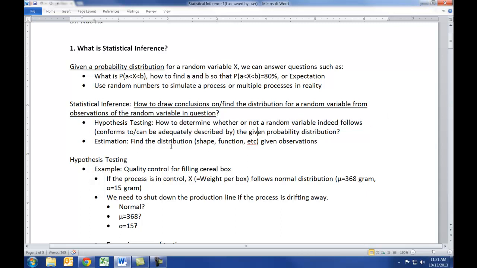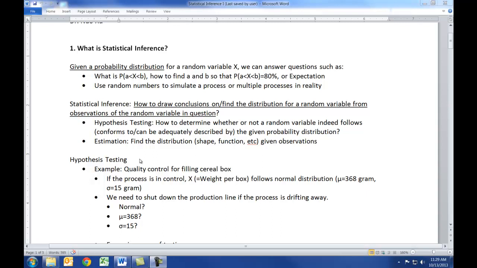And the second type of statistical inference we will cover is called estimation, which is to find the distribution, such as the shape of the density function, the actual functional form, to describe a random variable given observations for the random variable.